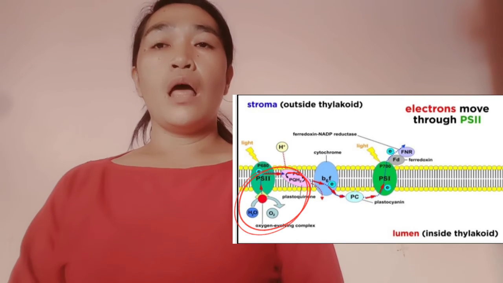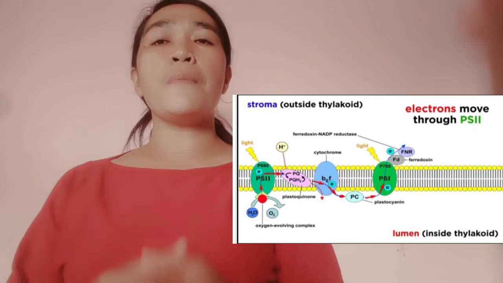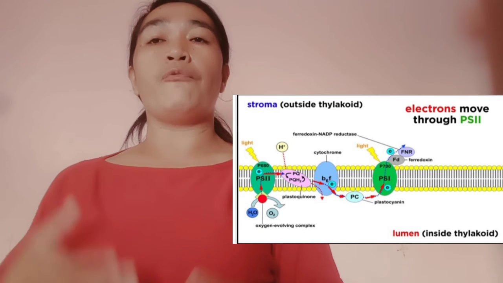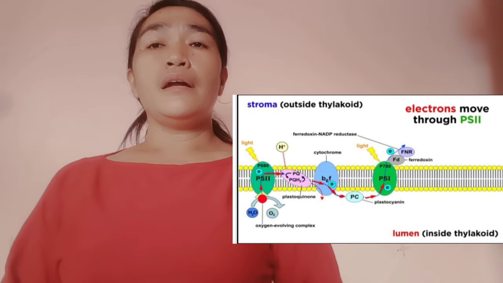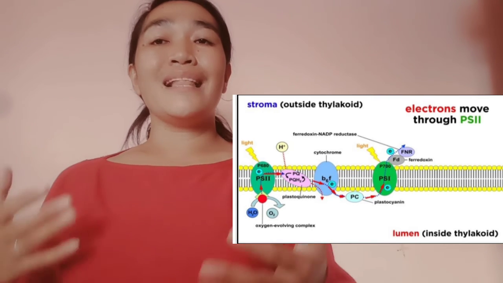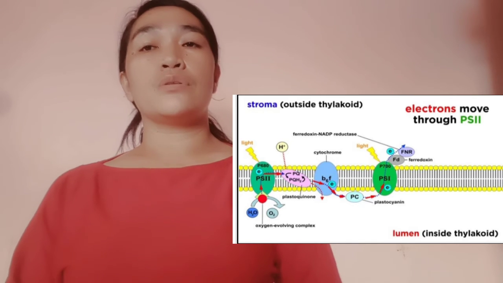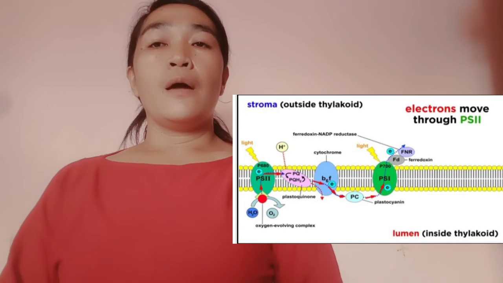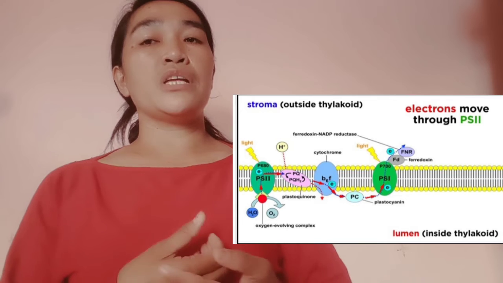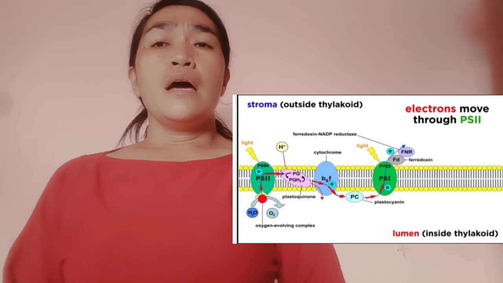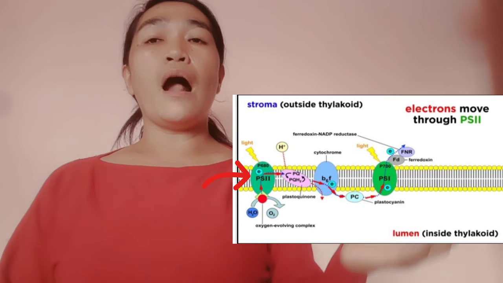Step 1. In photosystem 2, electrons, the red circles, flow beginning with a primary electron acceptor through a series of compounds that are embedded in the thylakoid membrane, sort of like the electron transport chain from cellular respiration. The movement of electrons is represented by the red arrows.